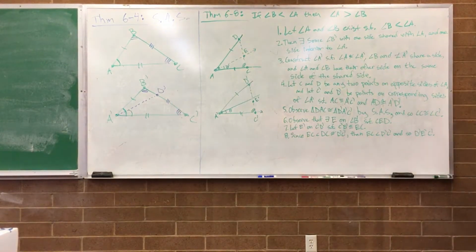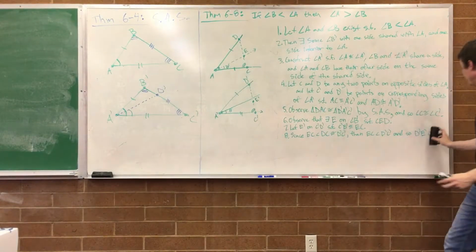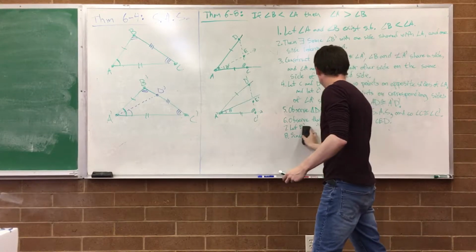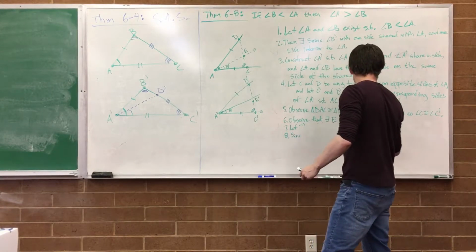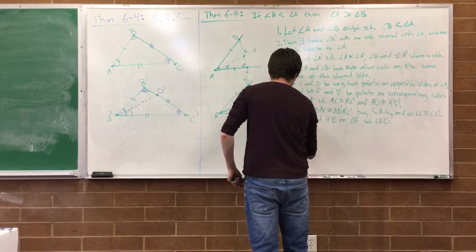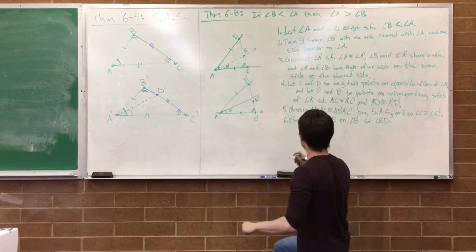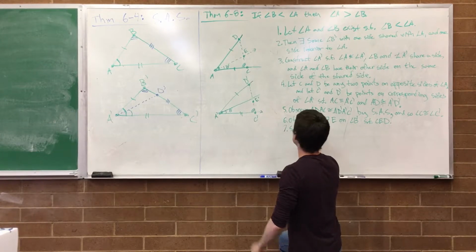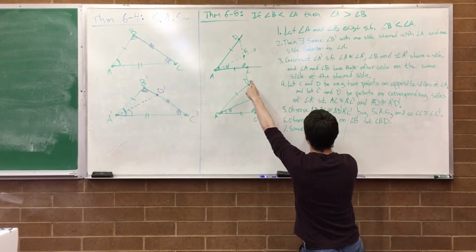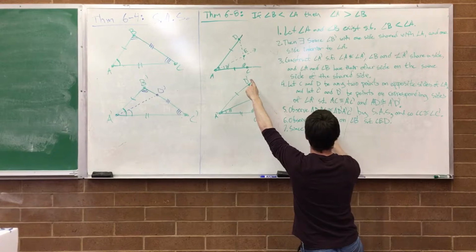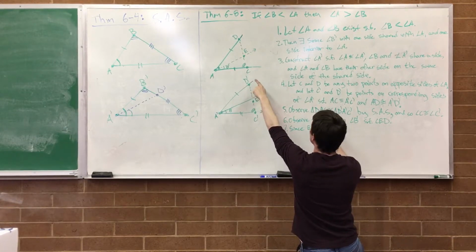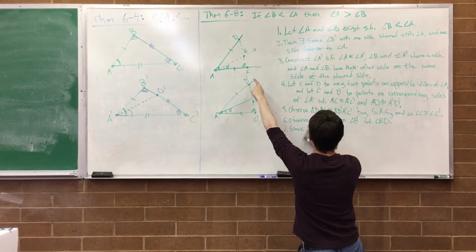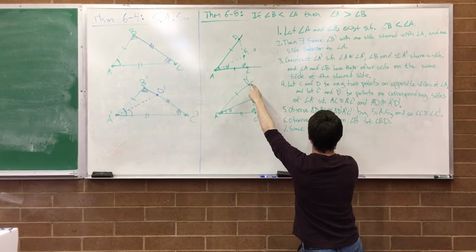Okay. So maybe splitting these two up was a bad idea. Maybe this is a more clearer way to write it. Maybe say this. 7. Since, oh, let me say CE, because I think that's what it is.